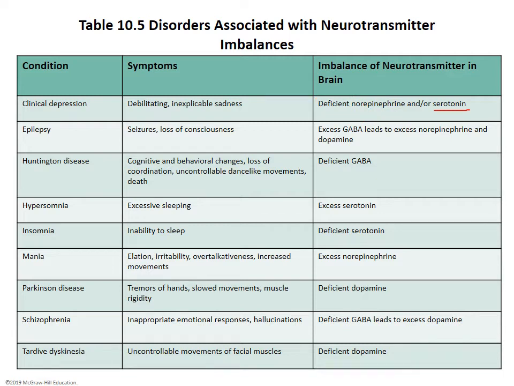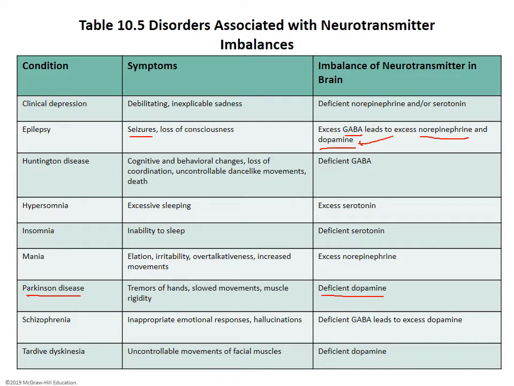Epilepsy is a really strange disease. It's an odd thing. Seizures are a big thing. It is an excess of this neurotransmitter that we just briefly talked about called GABA, which leads to too much norepinephrine and dopamine. So in a way, excess dopamine would be the opposite of what we're going to look at down here in Parkinson's, which is a deficiency in dopamine.